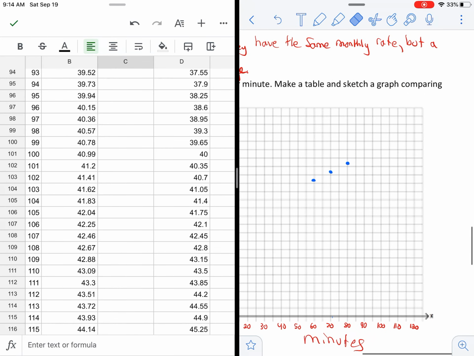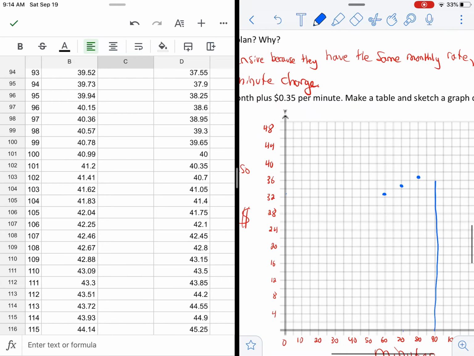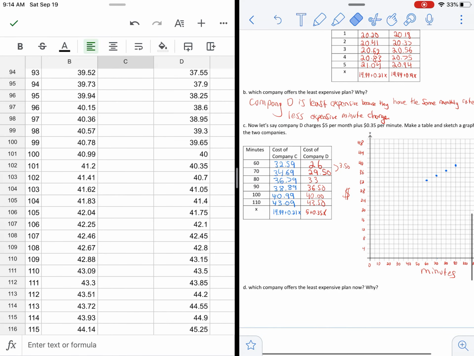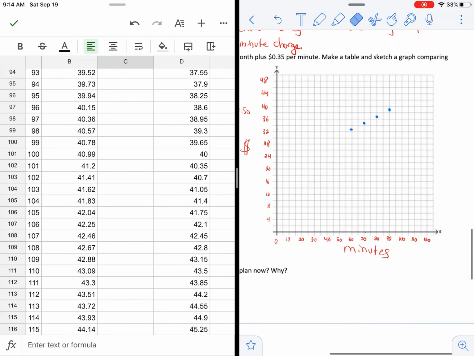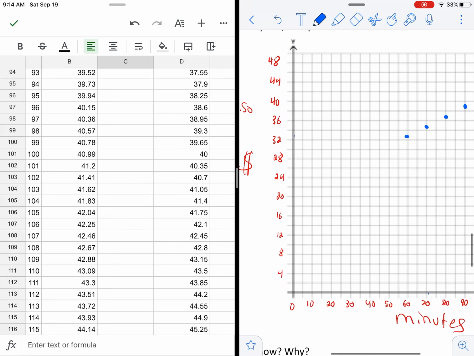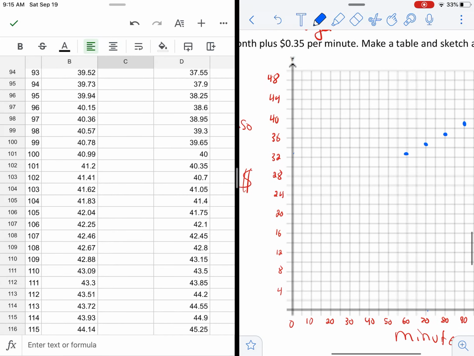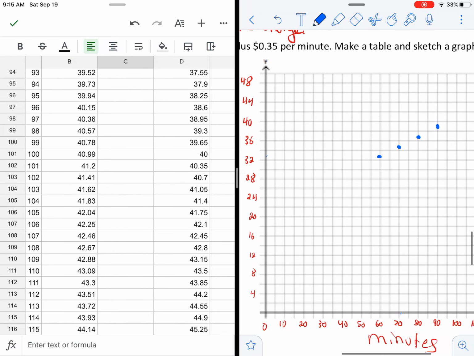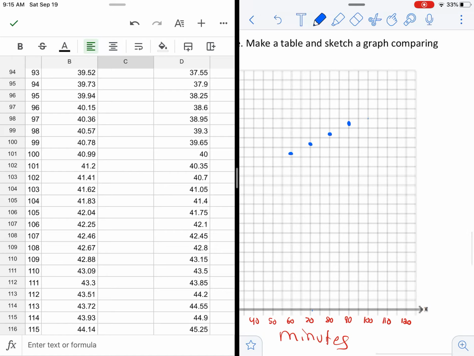At 90, we're at 38.89. So we're almost at that halfway point, somewhere right there. And at 100, we're at $40, right on the dot. So that's going to be right about here.